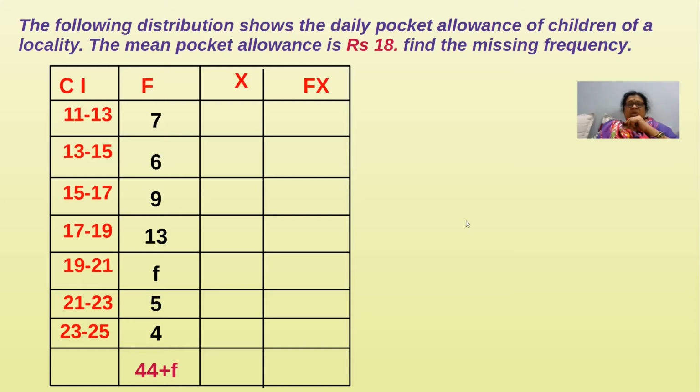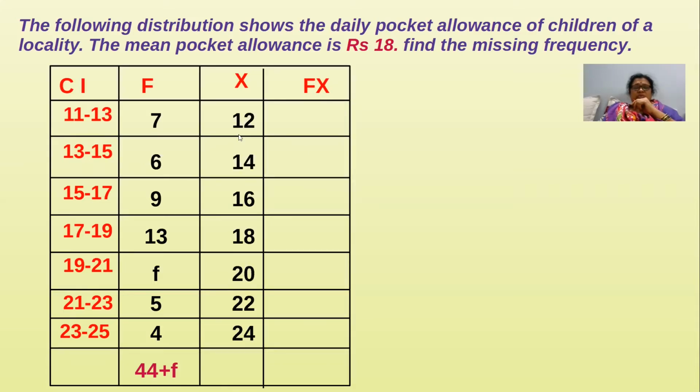So for finding out the mean by the direct method, what we have to do, we have to find out first of all the mid values of the class interval. For finding out the mid values, we will take the average of the lower bound and the upper bound, that is 11 plus 13 by 2. You will get 12.